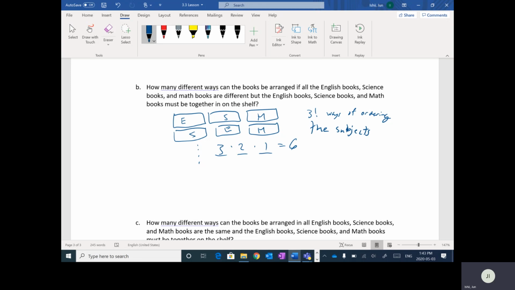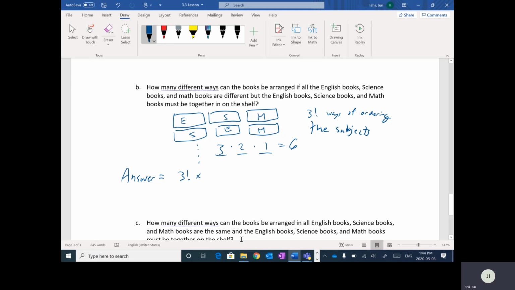Now to answer this question, again, we're going to take the 3 factorial, but then we need to multiply it by how many ways you can arrange the English books, times how many ways you can arrange the science books, times how many ways you can arrange the math books.